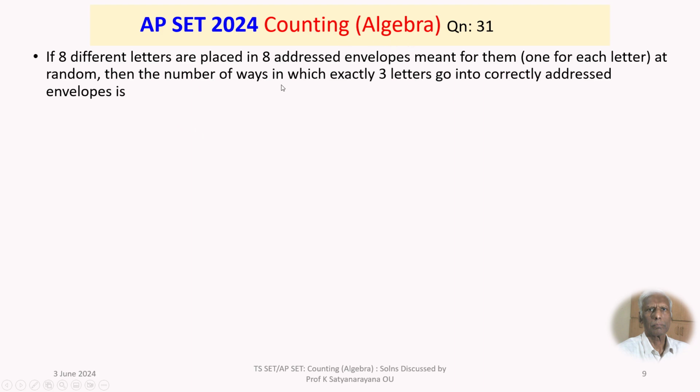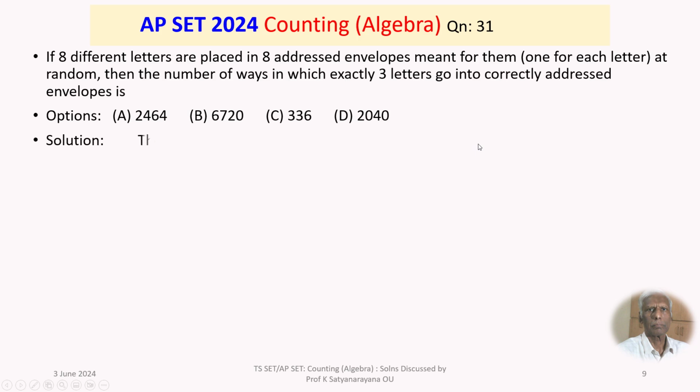Then the number of ways, and here the constraint is coming, in which exactly 3 letters go into correctly addressed envelopes is. That number you have to find. We are given 4 options.